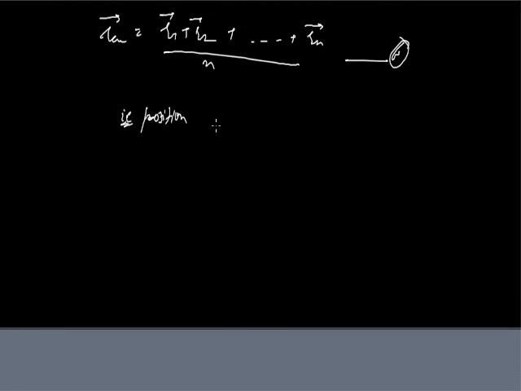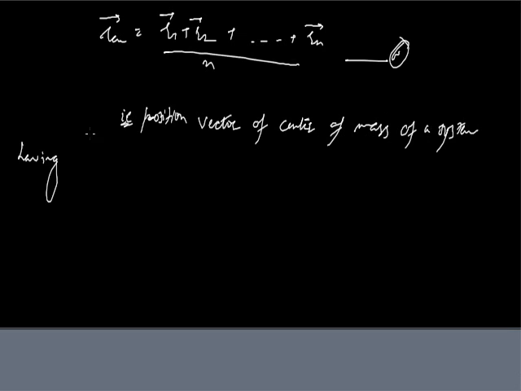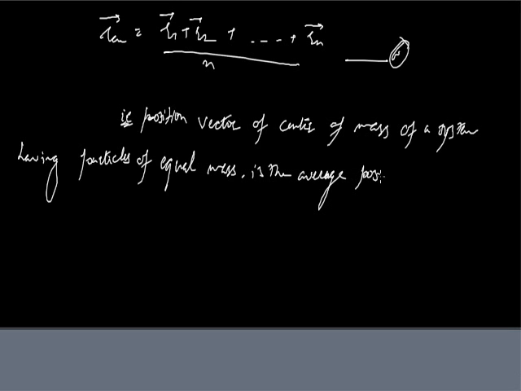So that means the position vector of the center of mass of particles of equal mass is the average of the position vectors of all the particles. That's it. In the next class we will get the Cartesian coordinates of the center of mass in x, y and z. Thank you.